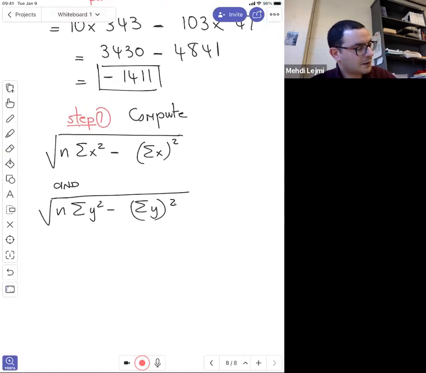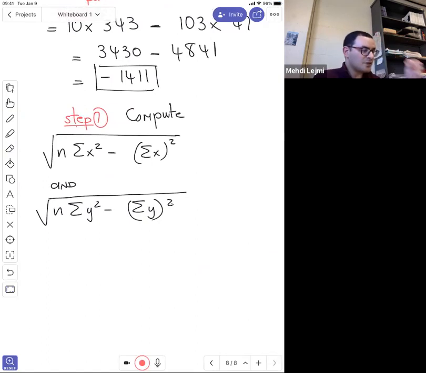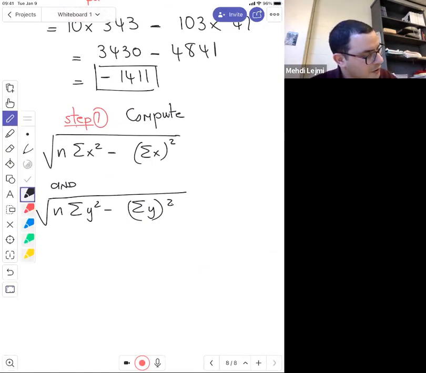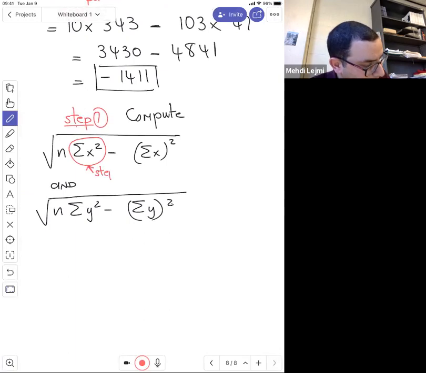All right, so let me just explain here. The n, again, that's just the size of the sample. This sum of the x squared is from step number 3. And just be careful, there's a difference between the sum of the x squared and the square of the sum of the x's.